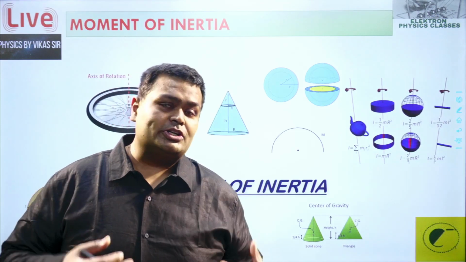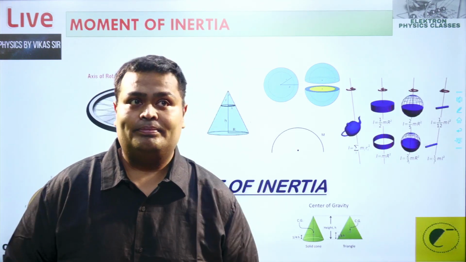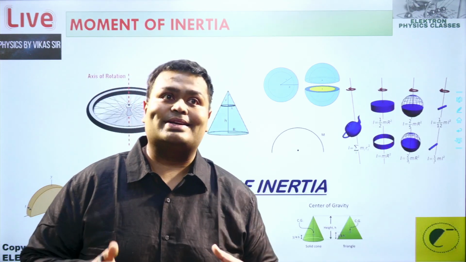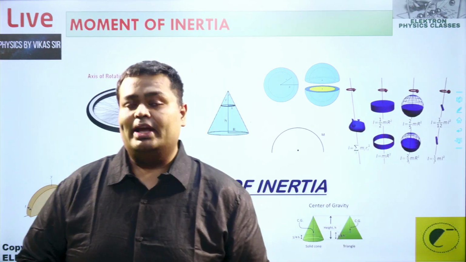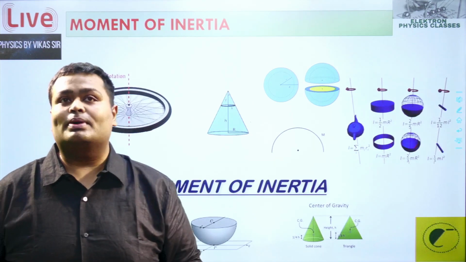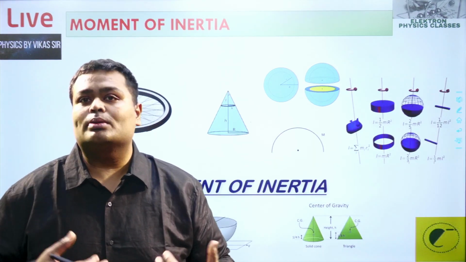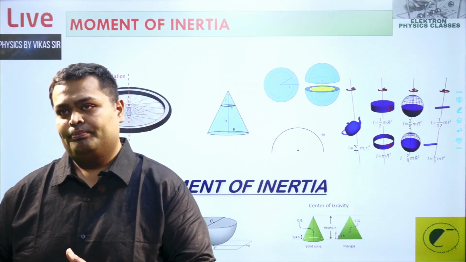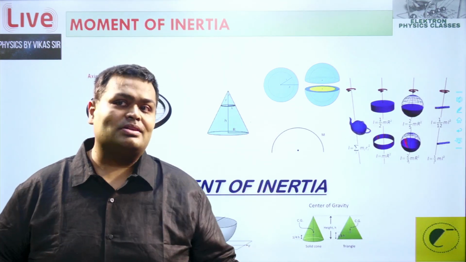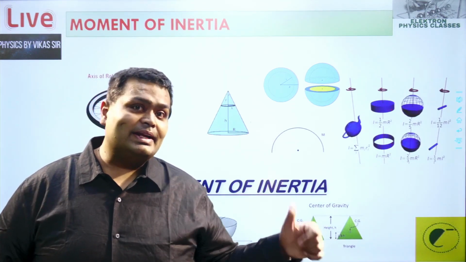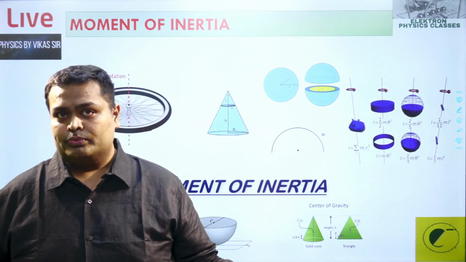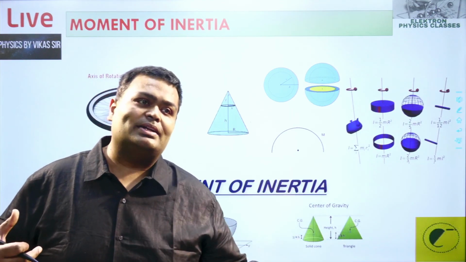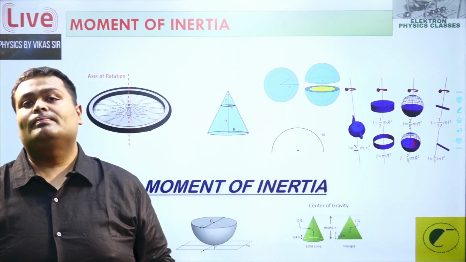And today that inertia is brought into rotation. So will it not try to resist that rotational motion? Yes, it should. If it is opposing the linear motion, it must oppose the rotational motion also, but both kinds of motion have different characteristics. So they have different analogous terms, like we have a linear displacement and an angular displacement, a linear velocity and an angular velocity, a linear acceleration and an angular acceleration.